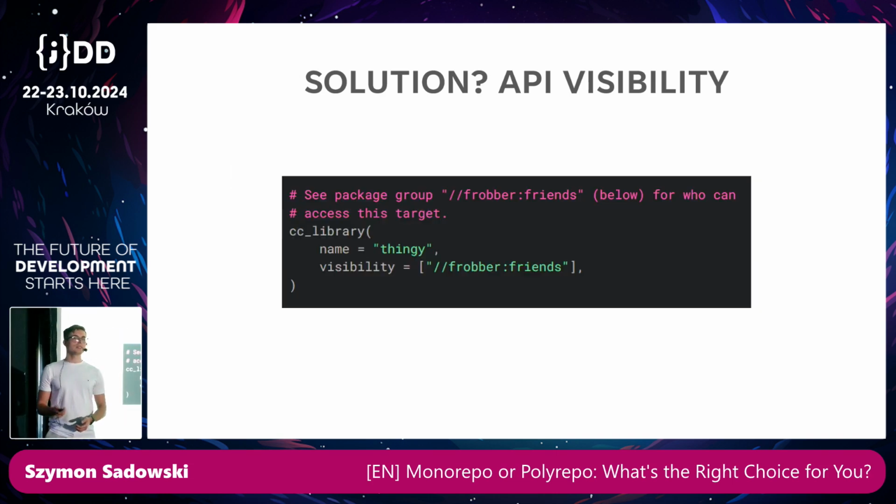However, after some discussion, let's suppose our friends from the Frober team decided, we decided that conceptually it is a good idea for them to consume our library, then we can specify that our friends from Frober can use this library. So in general, this approach encourages us to have dependency hygiene. For each dependency, we need to think carefully if we want it to be public or if we want anyone in specific to use it.